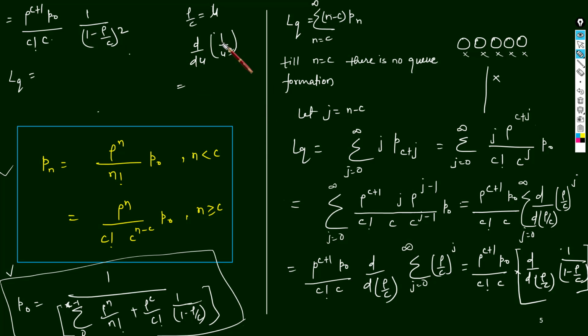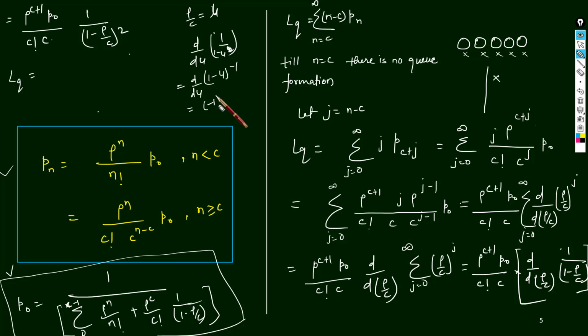Actually, this is 1 by 1 minus u, so what will be the differentiation? This is 1 minus u to the power minus 1, d by du.